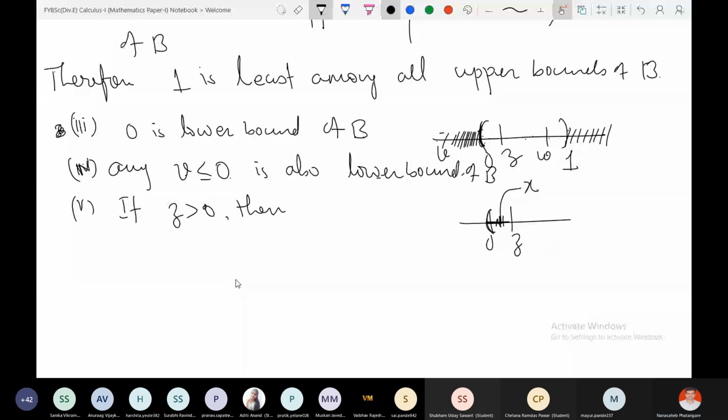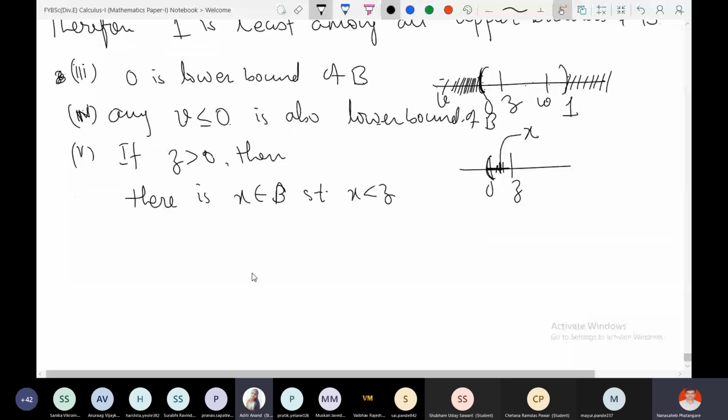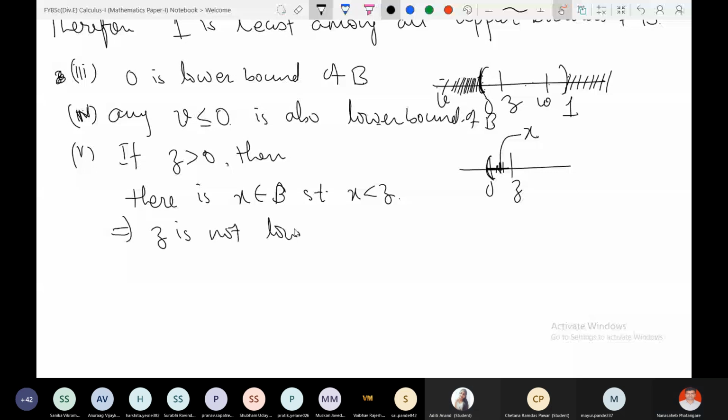Then there is x in set B such that x is less than Z. So what is the conclusion of this? Z is not a lower bound of set B. That means what we observe is that any number less than or equal to 0 is a lower bound, 0 is also a lower bound, and no number greater than 0 is a lower bound. What is the conclusion?